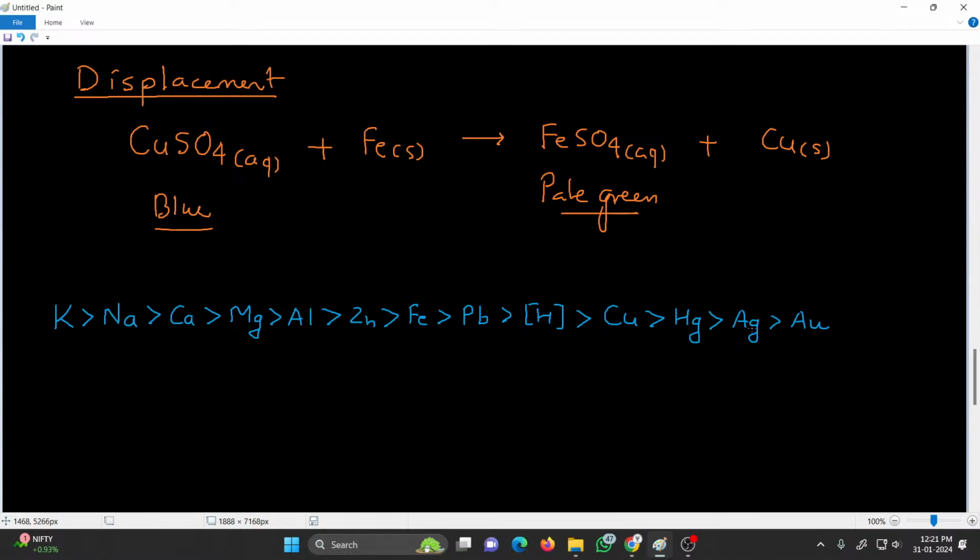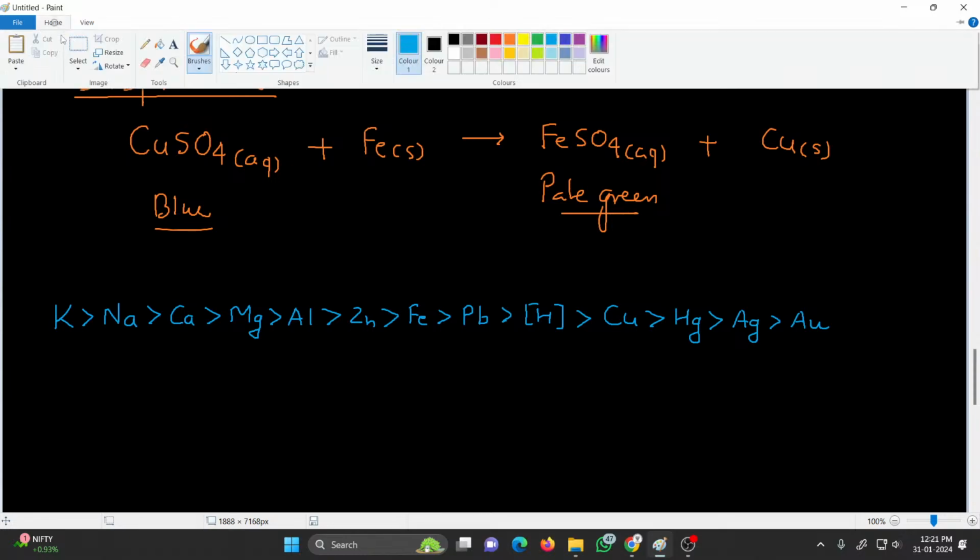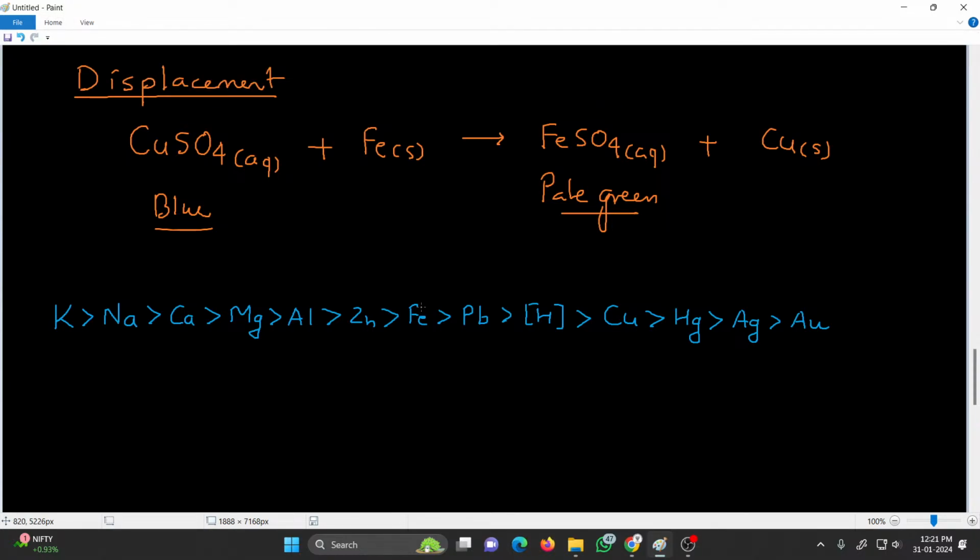Now in this reactivity series, if we have a more reactive metal, then it can displace a less reactive metal from salt solution, and that's why iron can displace copper from copper sulfate solution, because iron is more reactive. It comes earlier in the reactivity series than copper.